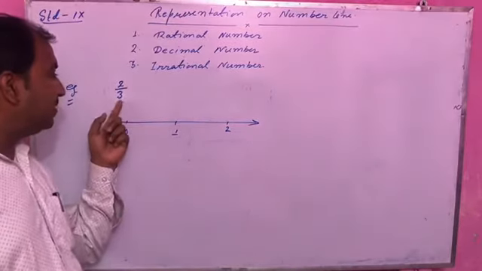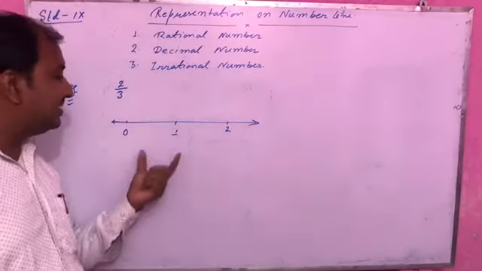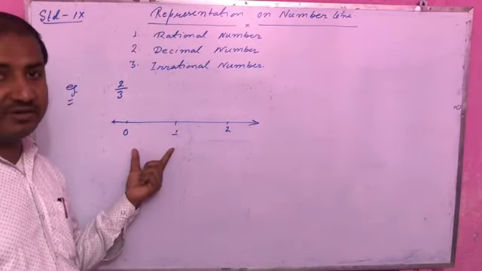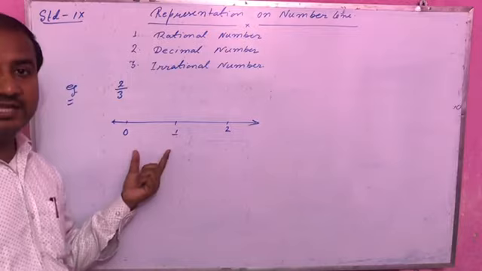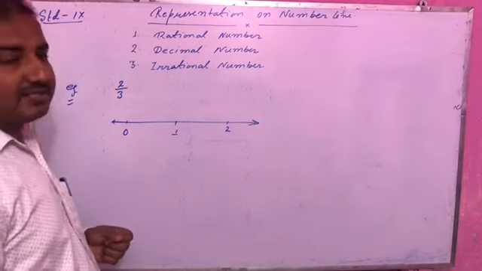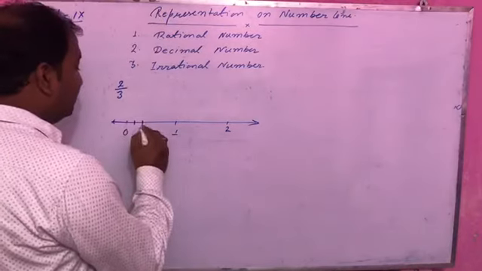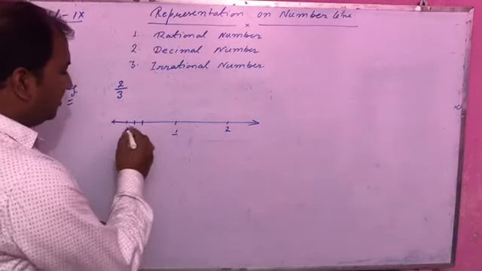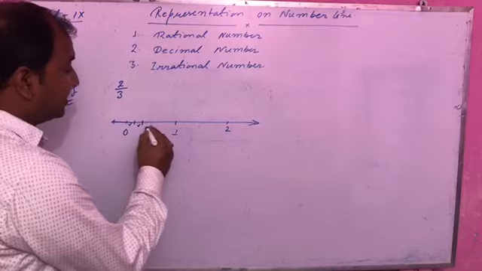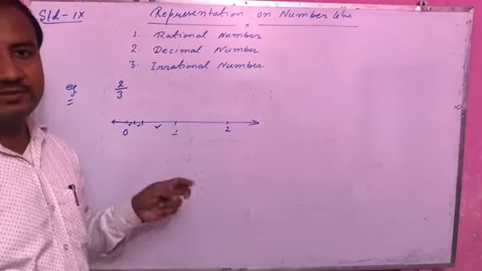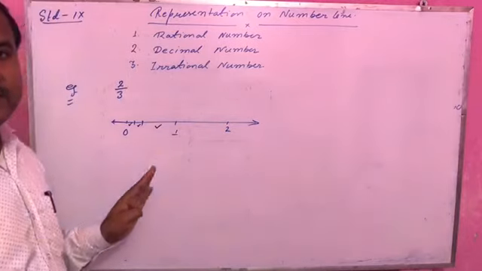You can see the denominator is 3, means it will be divided in 3 equal parts, not 3 parts only, 3 equal parts. If I say 3 parts, you can divide it 1, 2, and this is first part, this is second part, and this is third part. This is not right. This is not correct.